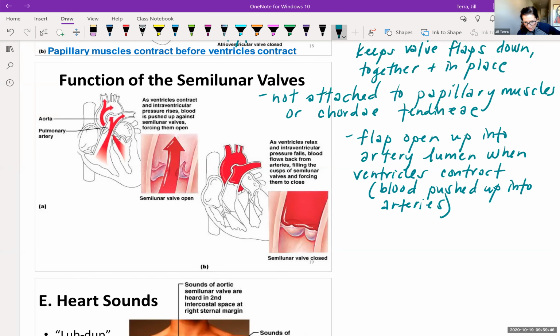Okay. And then what happens is not all the blood makes it all the way out of these arteries. Some of it can seep back down from whence it came, especially thinking about gravity, right?